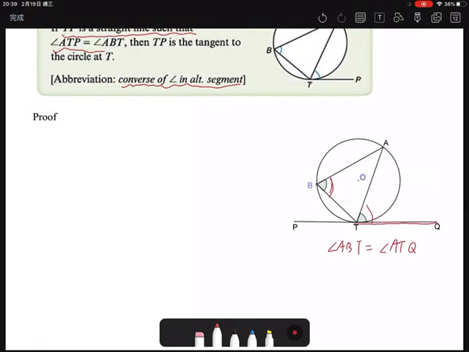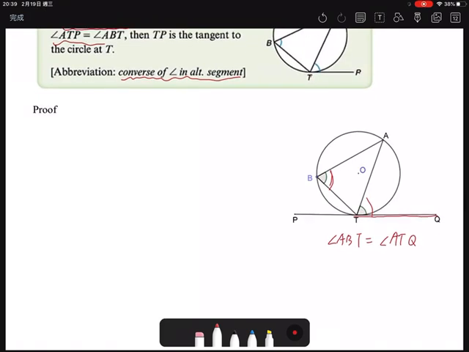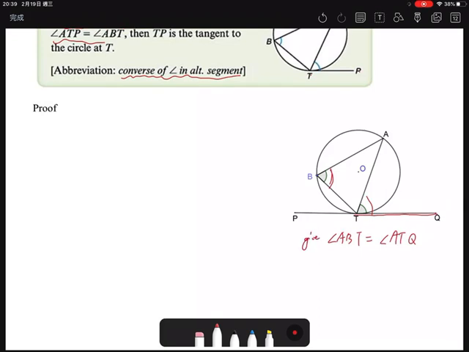So if you want to prove these two angles equal, and you may use... if you want to prove TQ is a tangent, this is given, and prove TQ is a tangent.